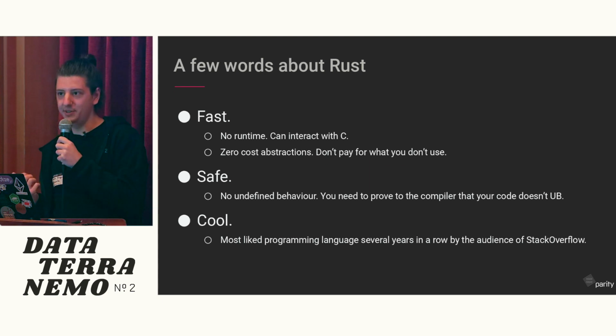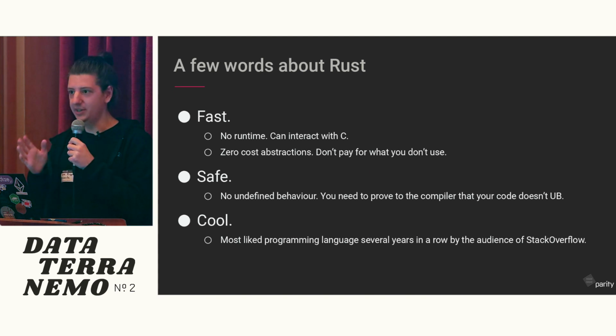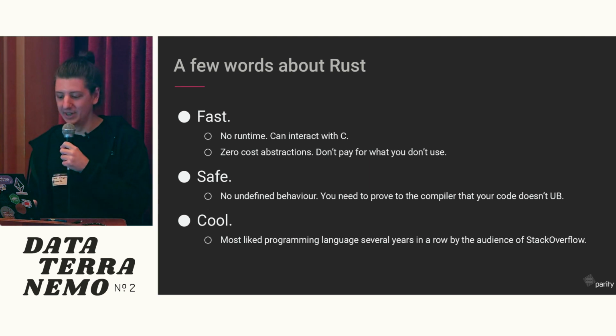Rust is safe, it doesn't have any undefined behavior. Everything you do can have undefined results. You can have a calculation for which you don't know the result in advance, but it doesn't have any undefined behavior. It cannot accidentally launch a missile, for example. That's something that Rust prevents.